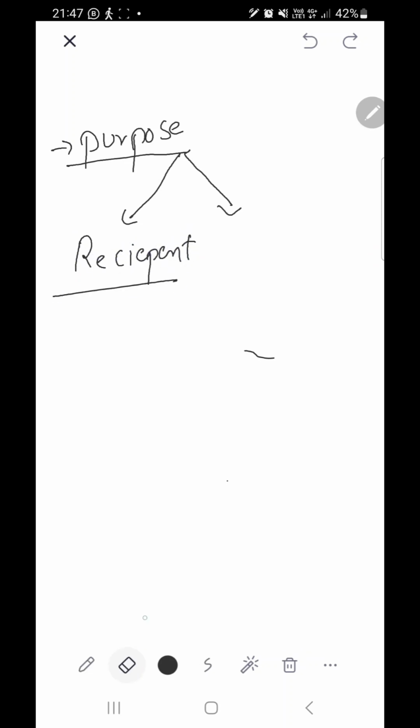To begin with, we have two routes that have to be followed. The first is you have to see who is the recipient, right? In any type of letter, you have to ask yourself to whom I'm writing this letter.